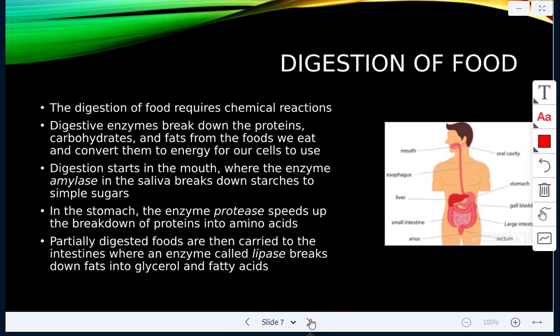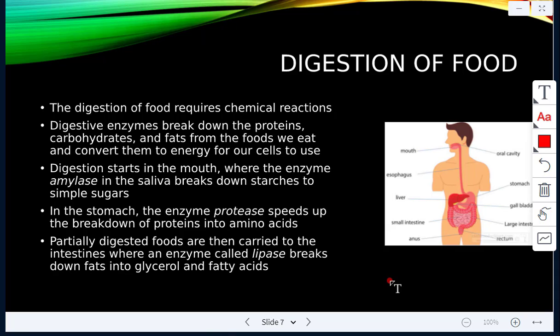Another reaction that's common is digesting food. When we eat food and digest it, that involves a series of chemical reactions. For example, in the mouth, when we eat starchy foods, think of bread, crackers, anything like that, there's an enzyme in our saliva called amylase.